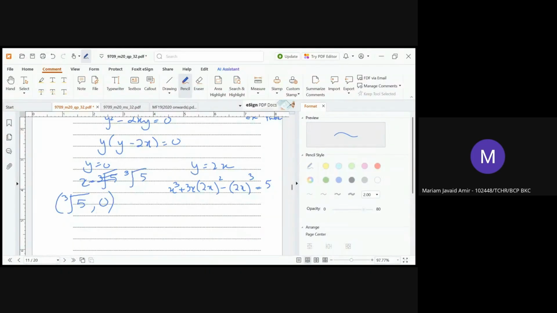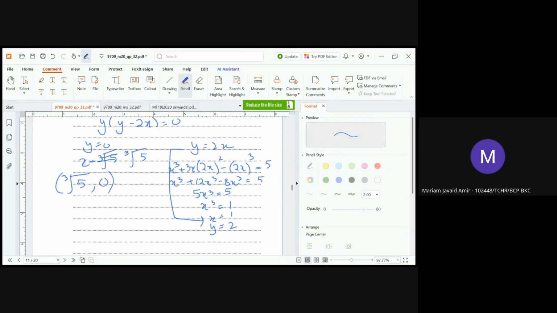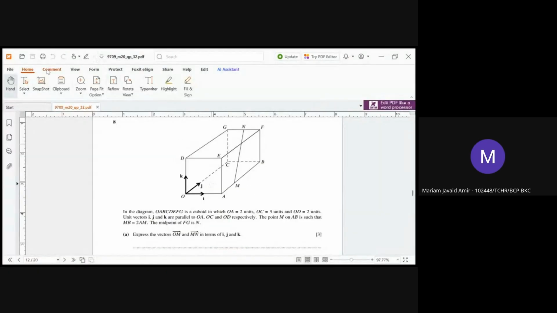Okay, this gives us x cubed plus 12x cubed minus 8x cubed equals 5, which gives us 5x cubed equals 5, which gives us x cubed equals 1, which is x equals 1, which means y equals 2. So 1 comma 2 is the other coordinate. These are the two answers.